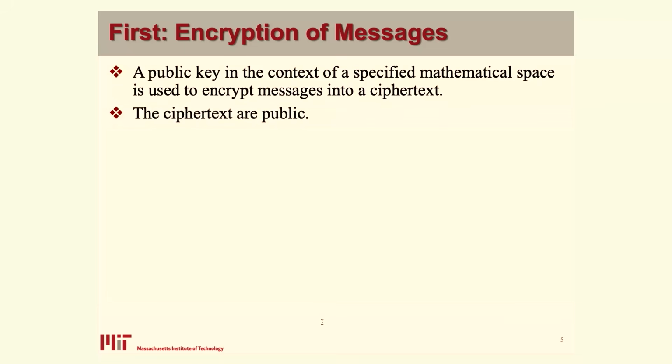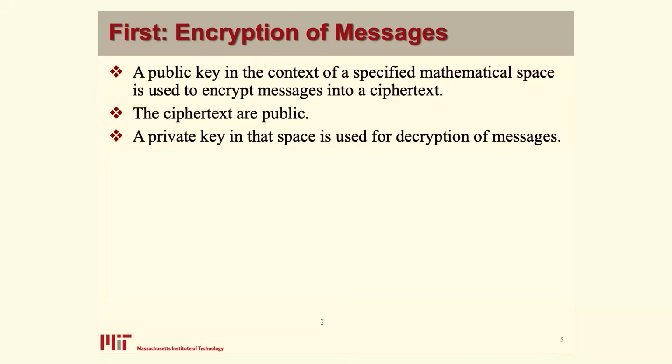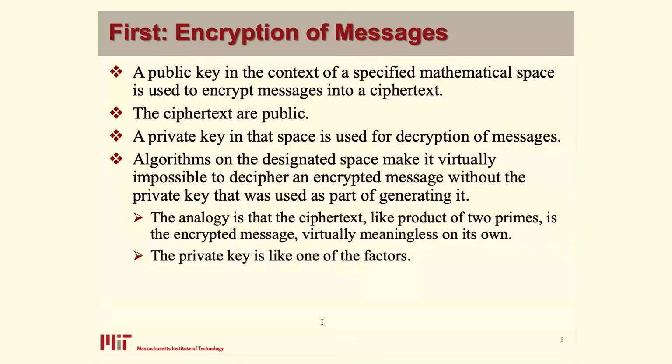The ciphertexts are public. There's no attempt to conceal them. The private key is used only for decryption of the messages. And algorithms make it virtually impossible to decipher an encrypted message without the private key that was used as part of generating it.